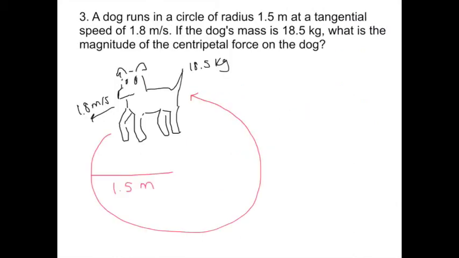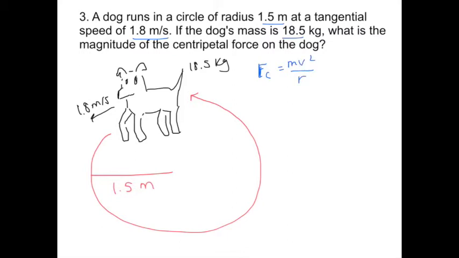Number 3. A dog runs in a circle of radius 1.5 meters at a tangential speed of 1.8 meters per second. If the dog's mass is 18.5 kilograms, what is the magnitude of the centripetal force on the dog? This time, we'll use the equation for centripetal force. F centripetal equals mv squared over r.